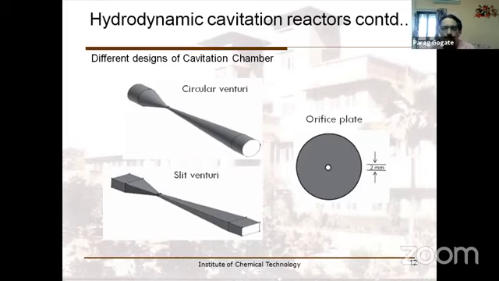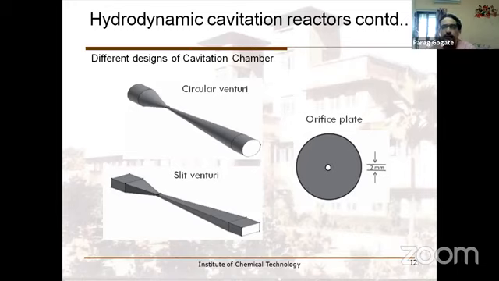So the orifice plate, as far as our experience goes, has offered tremendous flexibility in terms of how you can control the cavitational intensity. Of course, the pressure drop is going to be higher because, again, it goes back to your undergraduate engineering days, where you must have done experiments and found that the discharge coefficient for a venturi is greater than 0.9. For an orifice plate, it's going to be between 0.5 to 0.6.